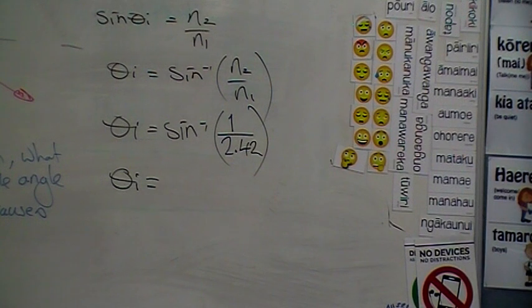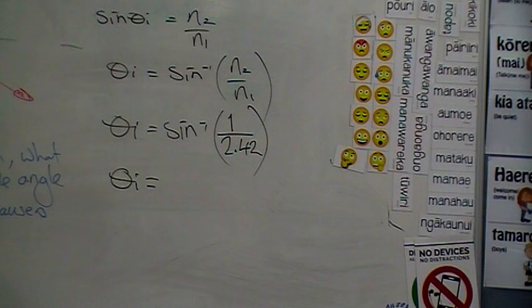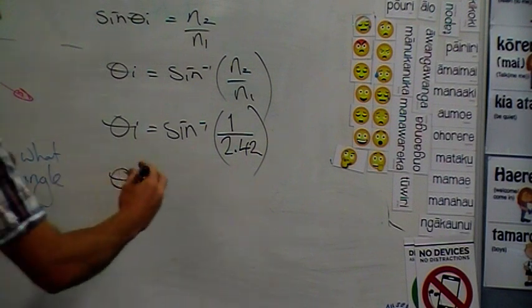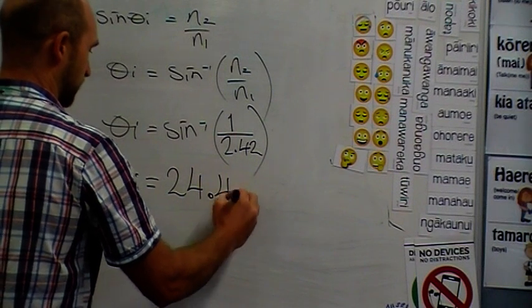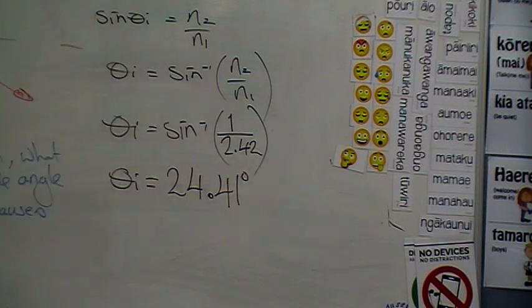So we're looking for the max possible refraction. It's 24.41. I think more than 24. We're looking for the maximum one. 24.41 degrees. And this is an important thing for you to know. That angle there is what we call the critical angle.